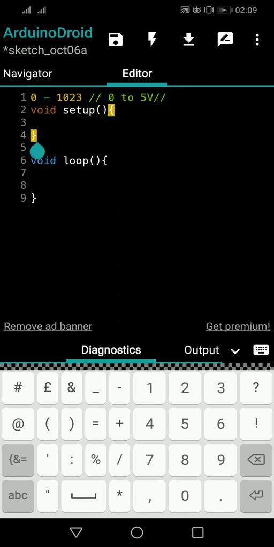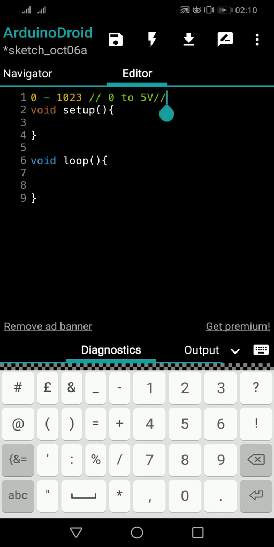If you don't understand, I will give a simple example. As I said, 0 to 5 volts is broken into 1024 pieces. If you give 5 volts to an Arduino as an analog input, and you get that input value and serial print it, you will see 1023 printed.